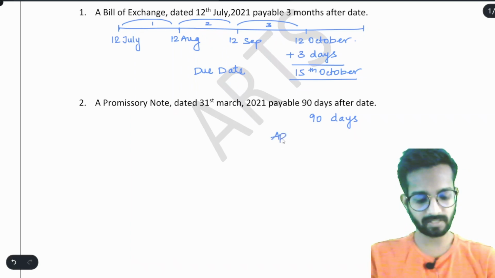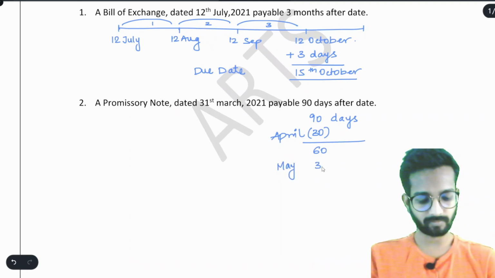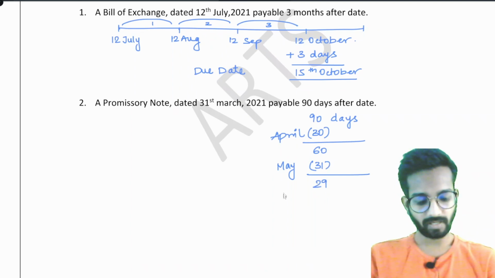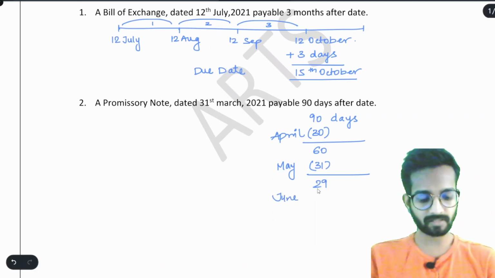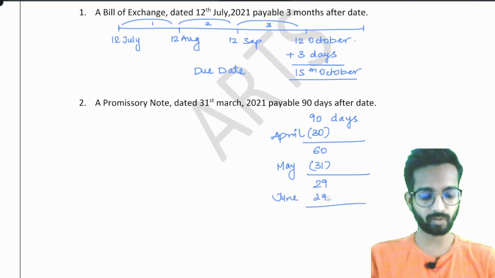In April, how many days are there? April, 30 days are there. So still how many are remaining? 60. In May, how many days are there? 31. Then again, how many days are remaining? 29. In June, there are 30 days, but I want only 29. So I will take 29 days of June. So my final date will be 29th of June, because that is the last day.